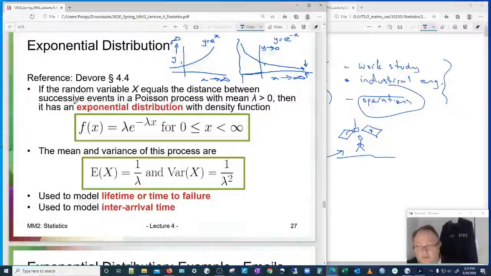So the exponential, this distance between successive events, is hiding the fact that it's the time. Okay, it's the time between events. So the exponential and the Poisson are good together because one tells you the count of events and the other tells you the time between events. So it's often used in processes that model lifetime, start time to finish time, or time between events, or the inter-arrival time, traffic again.